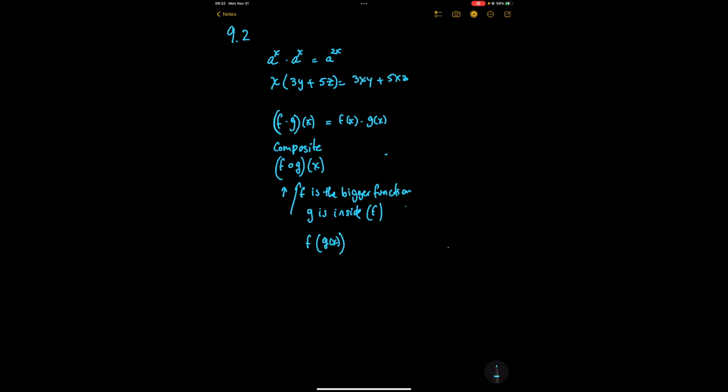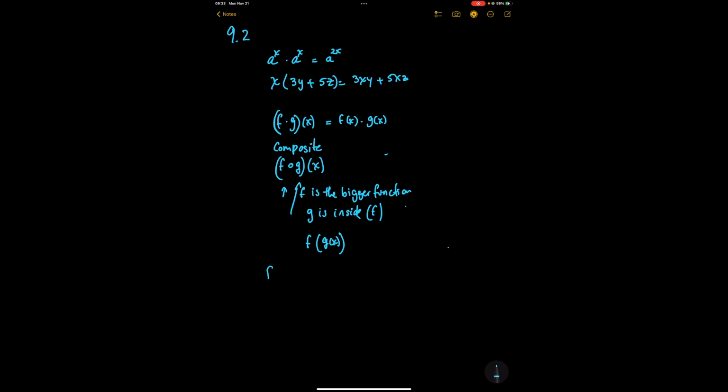Once you calculate g of x, you take that and put it inside of f to calculate f. Okay? And of course, we're going to do some exercises so you guys can see the difference between (f times g)(x) and f of g of x. Right now I'm not going to go to the exercises because I wanted to make sure that you guys can see the difference.